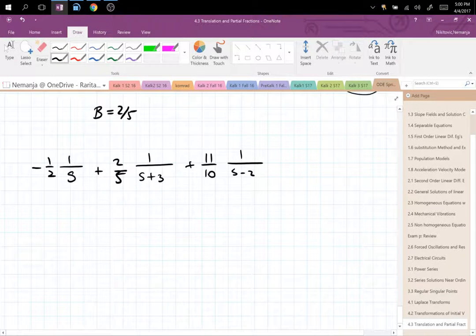I hope you see that all of these are exponential ones. Except 1 over s. What's 1 over s? Is it 1 or t? Can be both. What? It's 1.